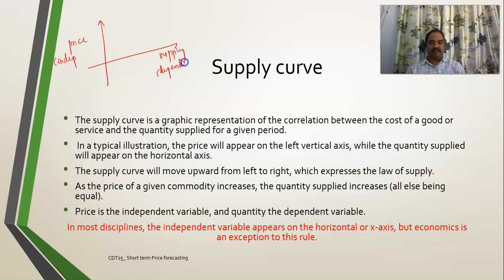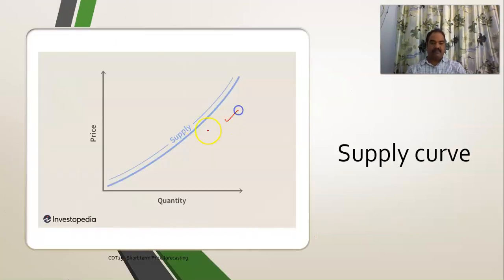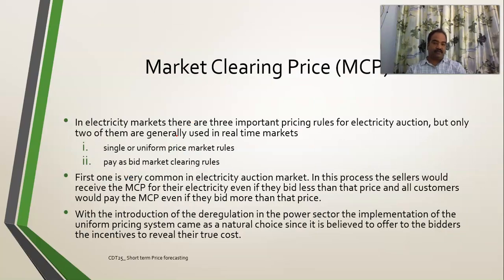Again, we go to economics: as the price increases, supply increases, because everybody wants to sell their goods at higher prices. So the curve will be like this, isn't it? This is the supply curve, and the intersection of these two curves is nothing but the market clearing price.